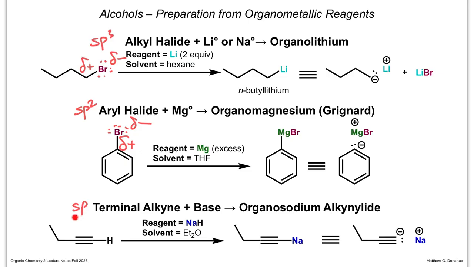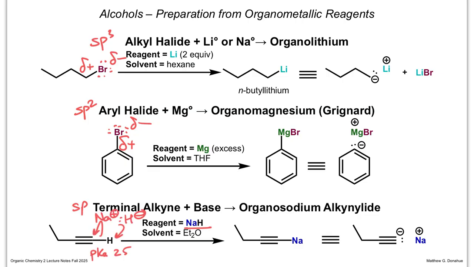So the last type of hybridization that we need is sp, and that's going to come from a terminal alkyne. So to generate these, we do an acid-base reaction. The CH there is pretty acidic at 25. We have this reagent, sodium hydride.